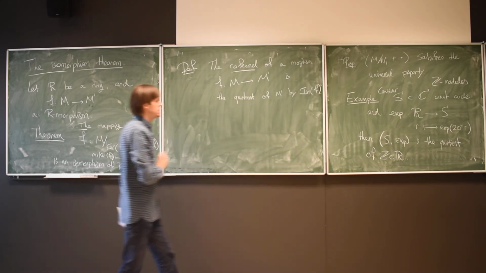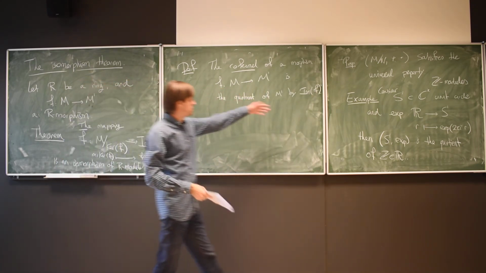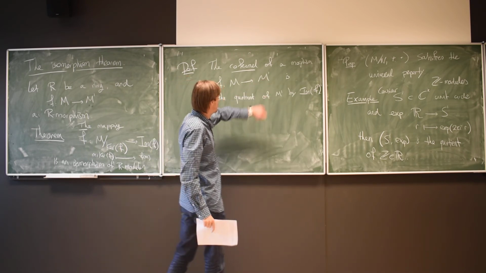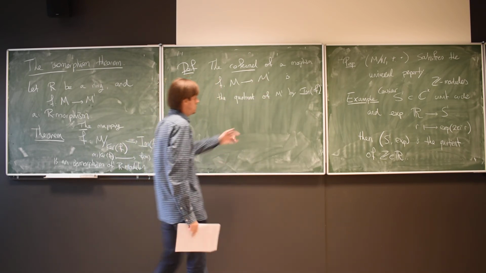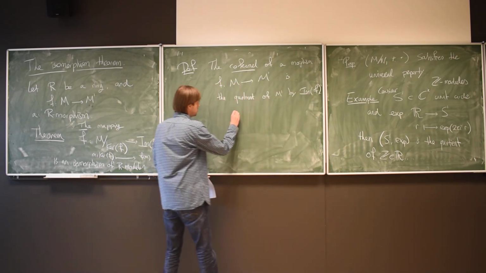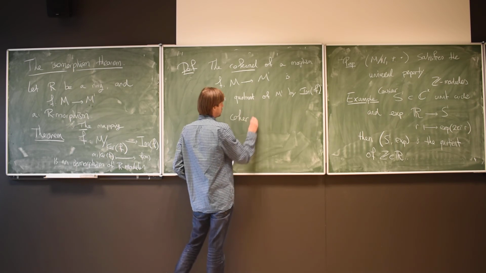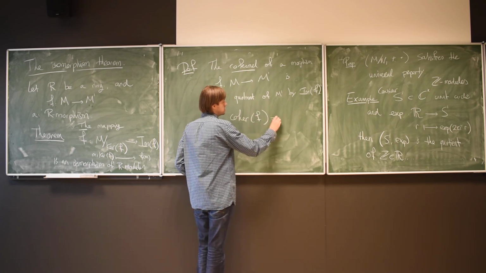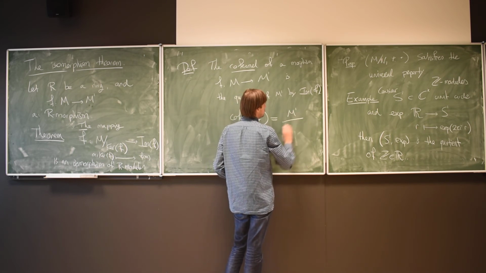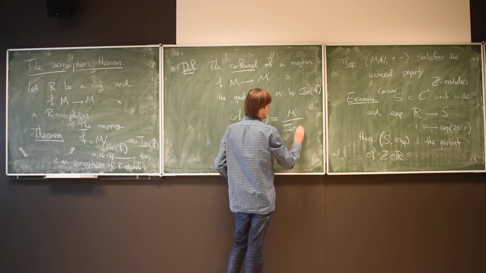Right? Recall that at the beginning I said that the image of a morphism is a submodule of the codomain, so it makes sense to construct the quotient of M prime by this image. So we write coker of f. So this is, by what I wrote here, equal to M prime mod image of f.